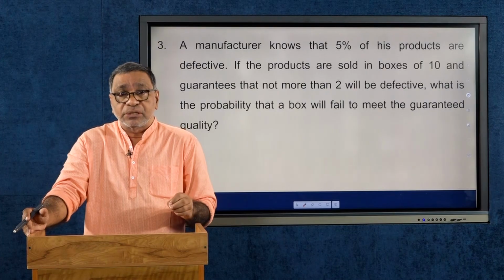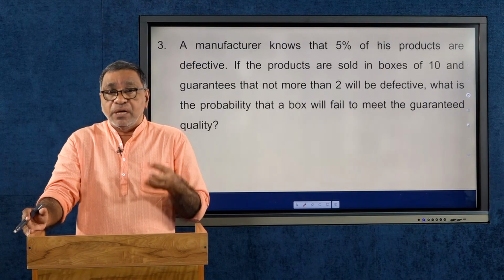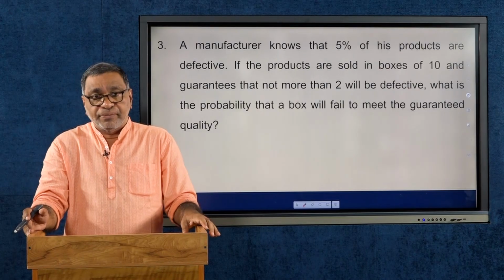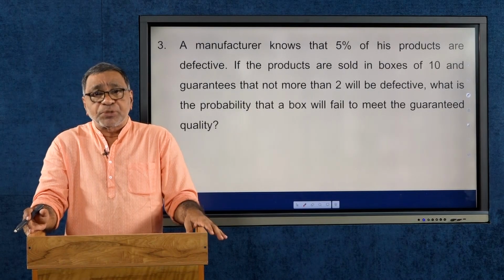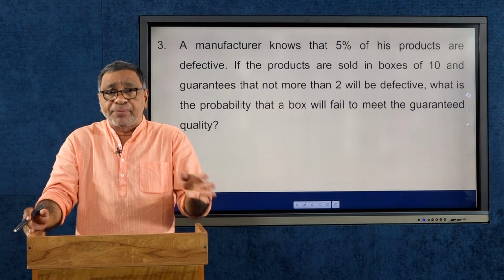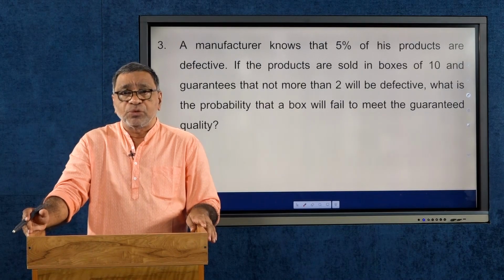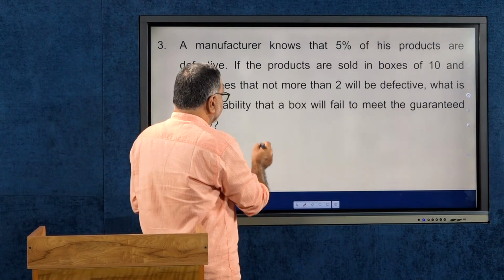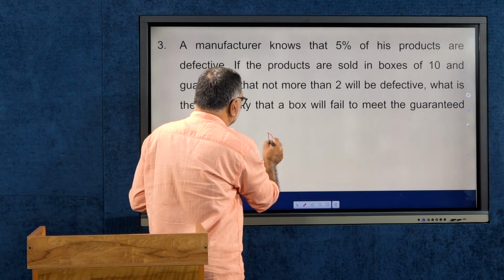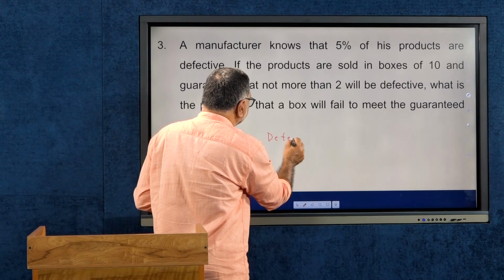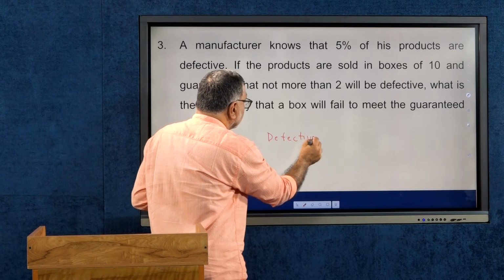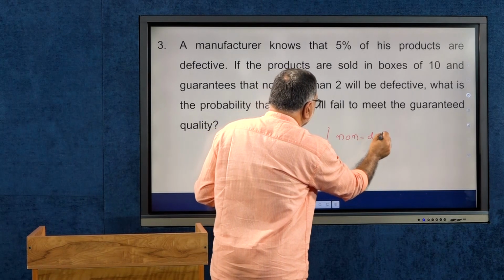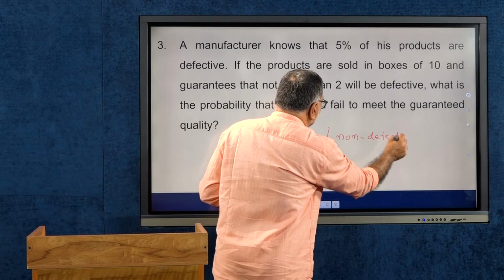Here this problem can be modeled using the binomial distribution. Why? Because there are two options: the product may be defective or non-defective.